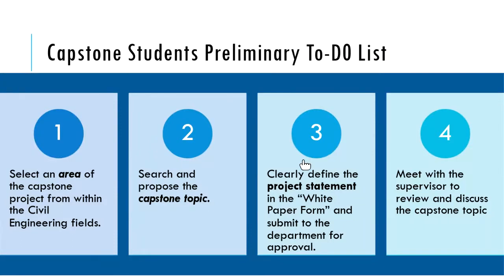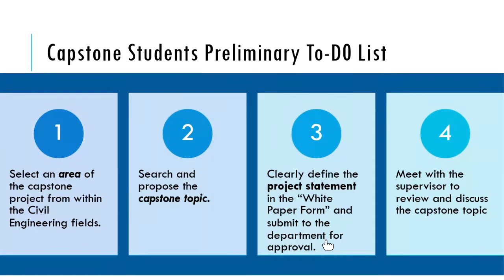And number 3, you want to clearly define your project statement in what we call the white paper form. And you should all have this by now. So in the white paper, you submit your topic and a project statement, and then you submit it for the department to get approved. So this is step number 3 in your to-do list.